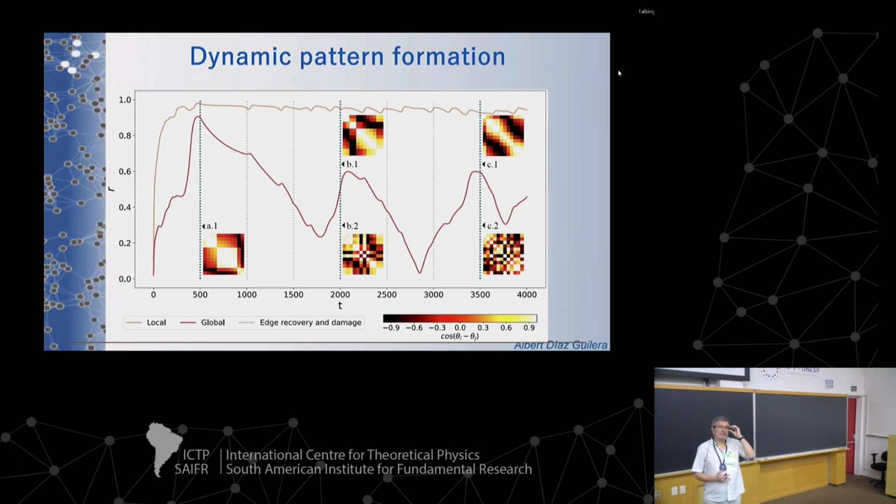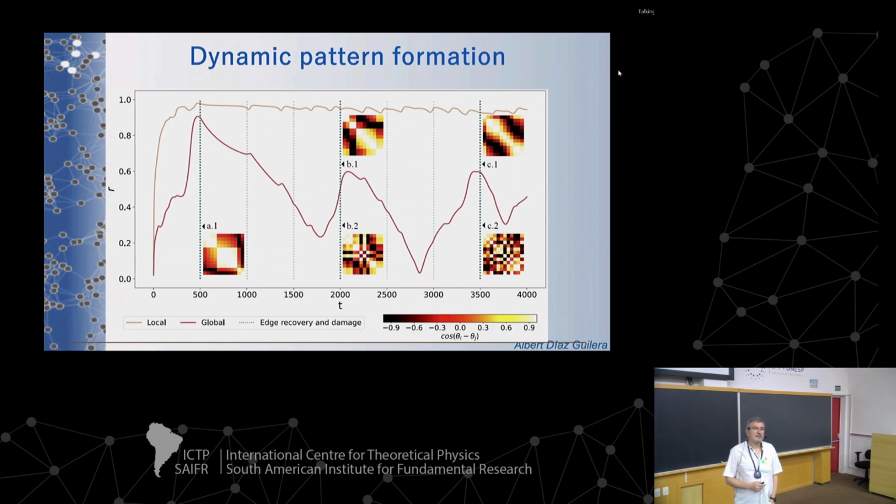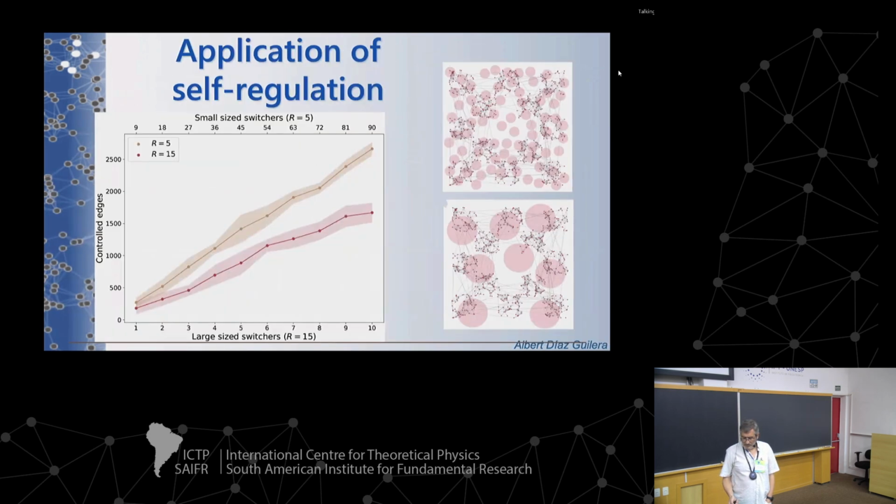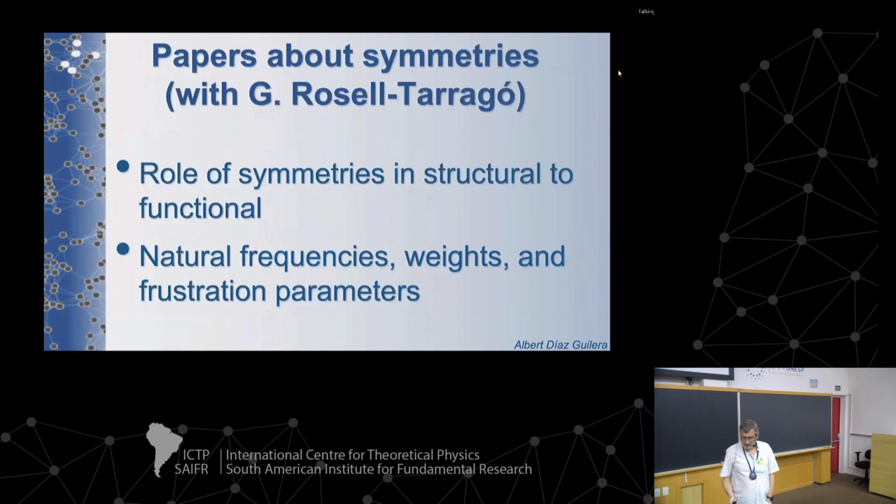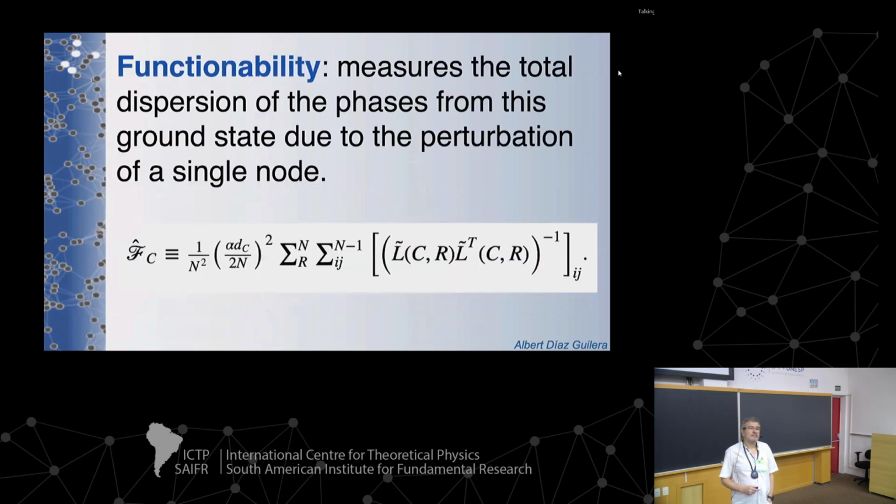Thank you, Professor Albert, for sharing the self-regulation network. I noticed you have a measure of functionality for a single node, about how much it could change a network state. I also noticed that there's a comparison of global synchronization and local synchronization, and the local synchronization is focused on a small module.